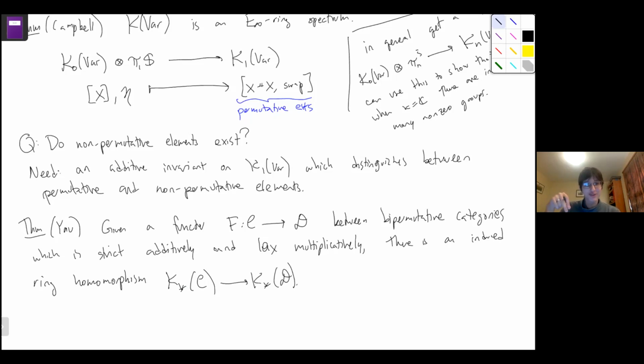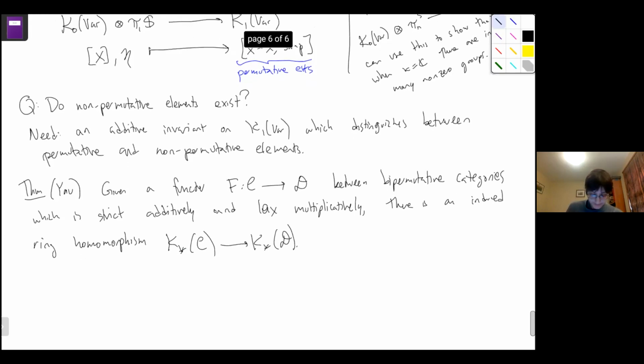But I don't actually know that it is an E-infinity map. And something similar about being able to construct an E-infinity map would be great, but I couldn't actually do it.